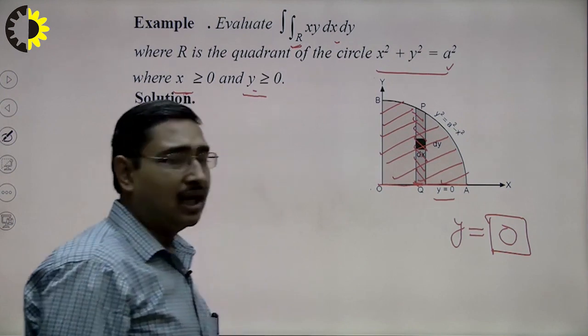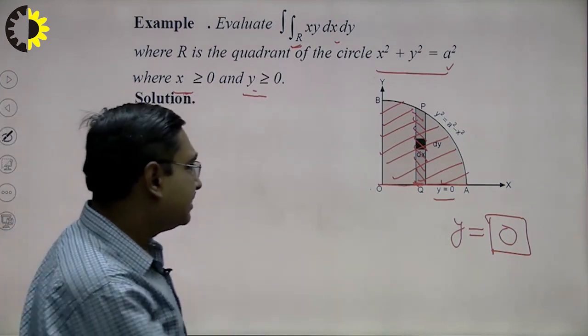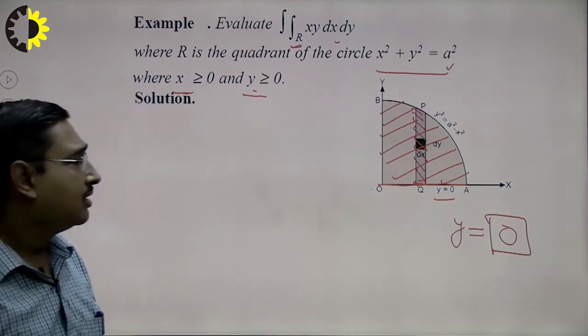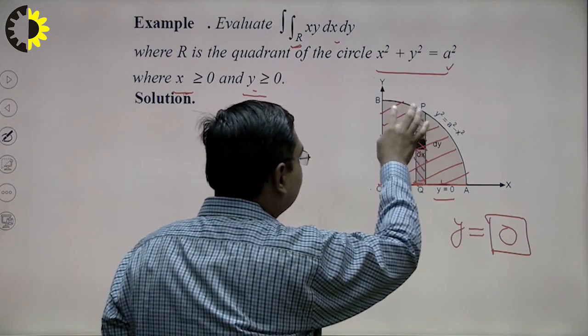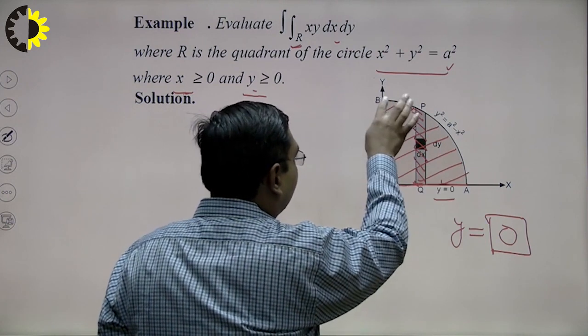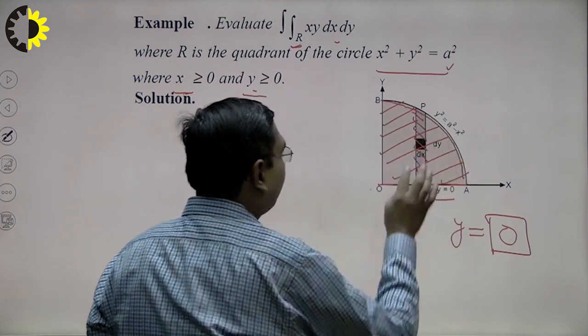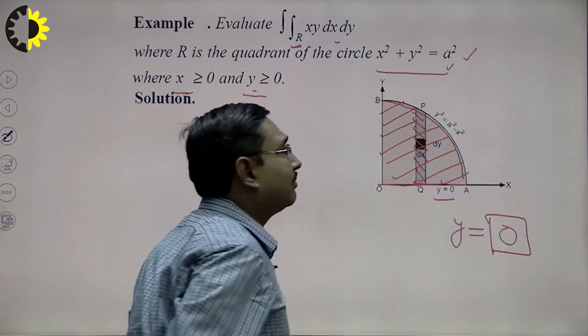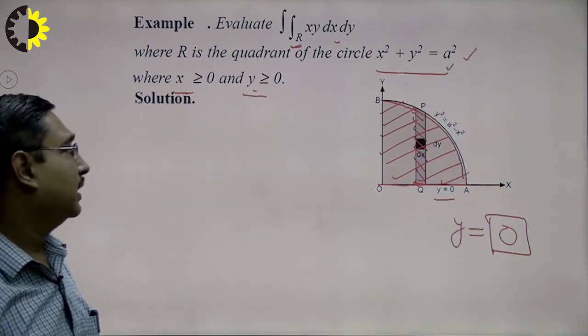Now, to find upper limit of y, we consider highest point of this slice. The highest point of this slice lies on this circle. The equation of this circle is x square plus y square equal to a square.